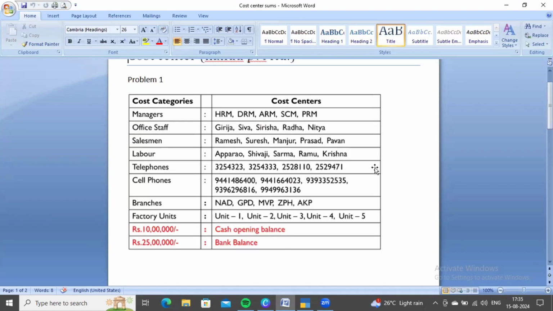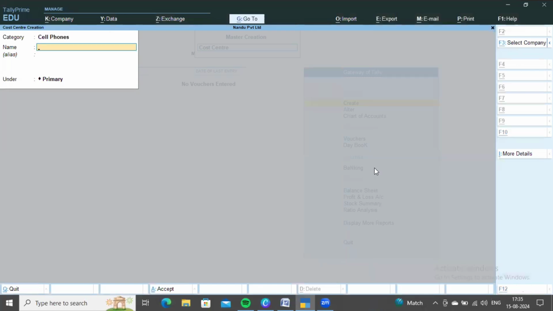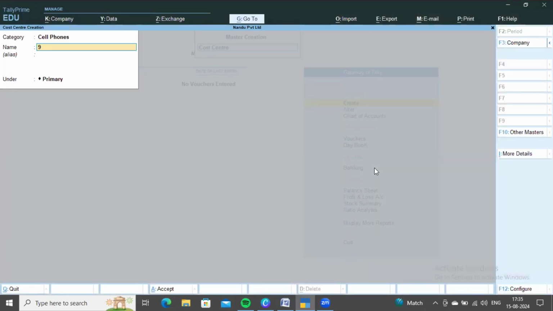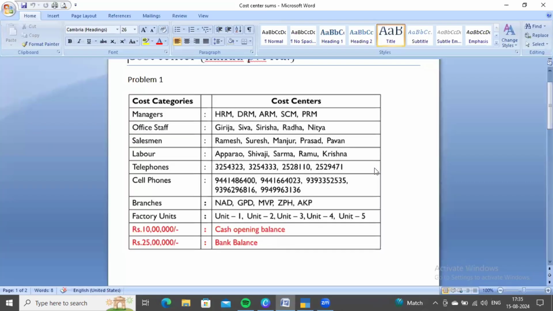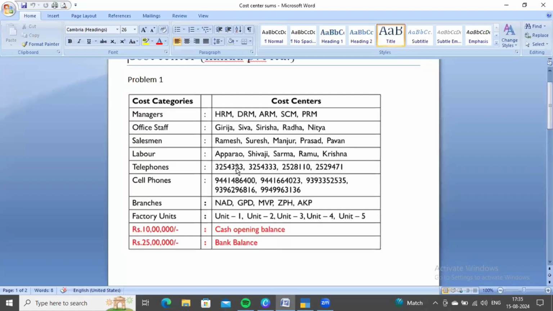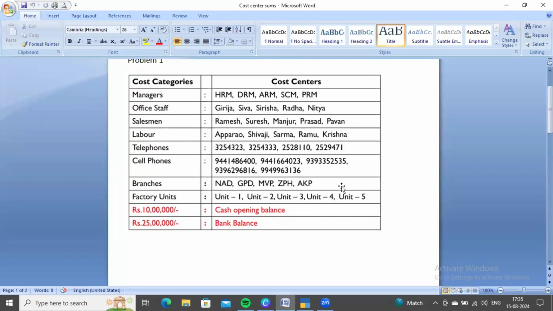Next, cell phones. You can also copy the number and paste here, but I'm unable to copy and paste, so I'm typing like this.